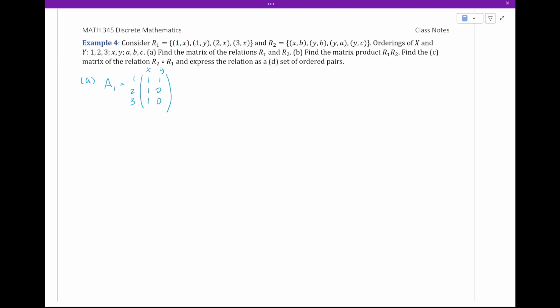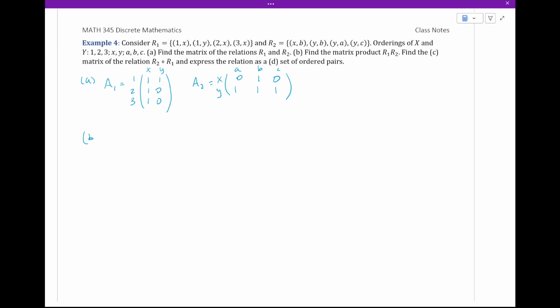So zeros there. That's A1. And A2 is, let's see, the x's and y's this time are the rows, and the columns are A, B, and C. So I've got xb and yb and ya and yc. No xa and no xc.